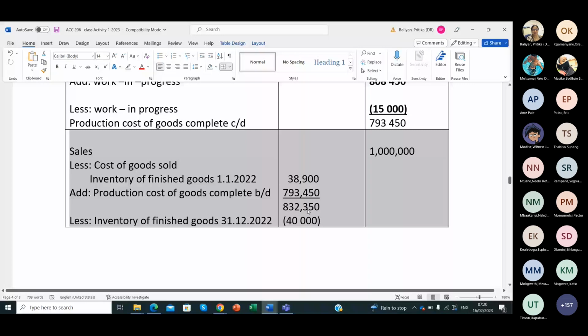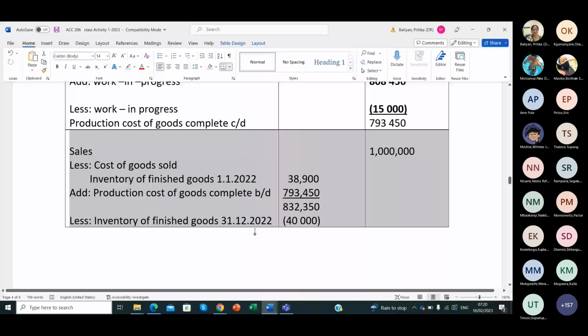832,350. But not all the goods produced or available at the business are sold. There was some inventory of finished goods that remained unsold.